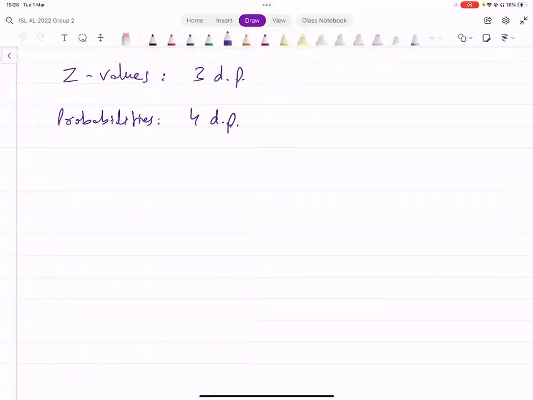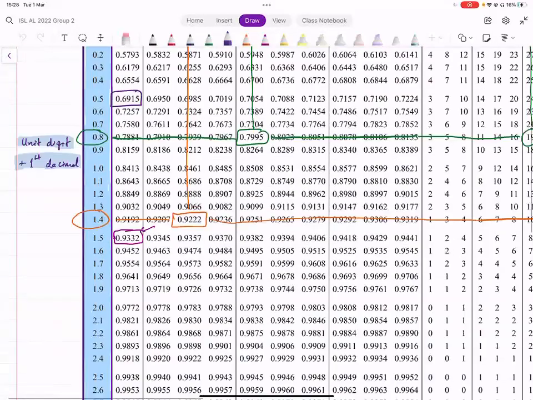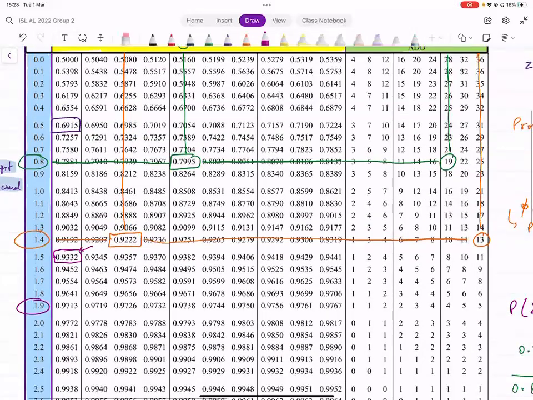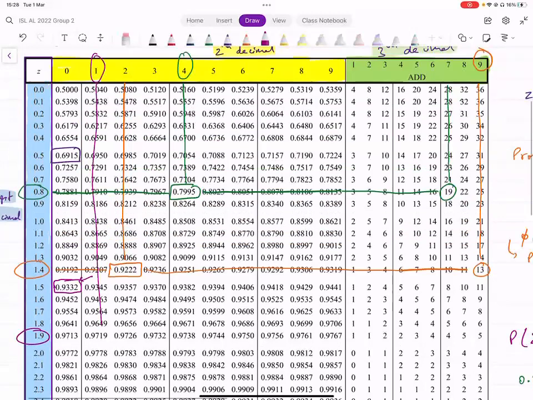Let's go to the table. 1.918, this is 1.9, this is 1. What do we get from this? We get this value.